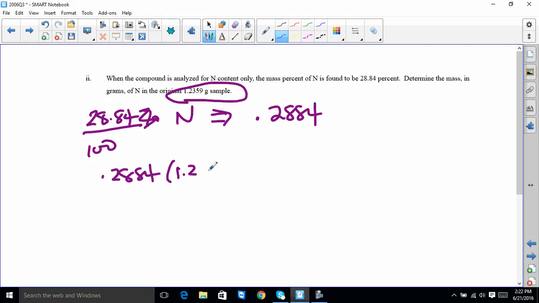So if I take 28.84% of 1.2359 grams, we will get that this stuff has 0.3564 grams of nitrogen.